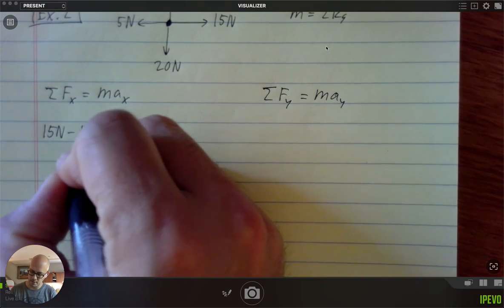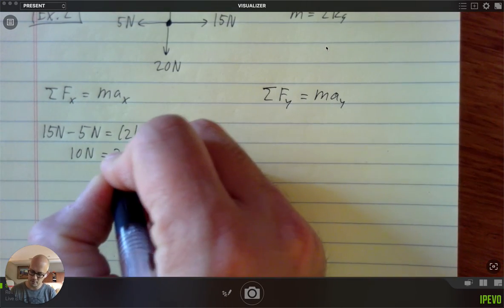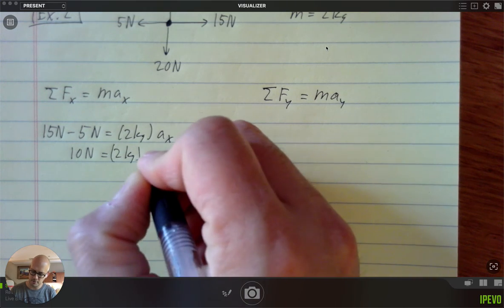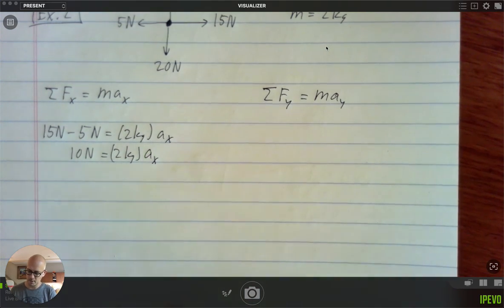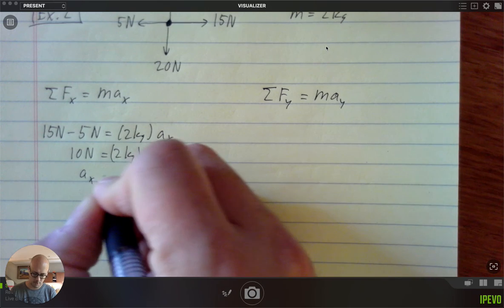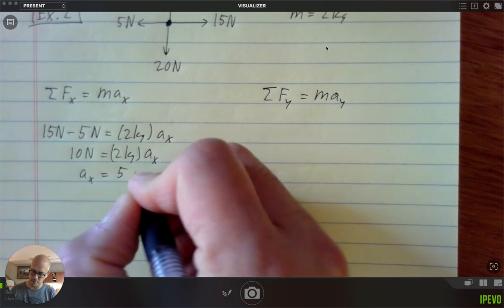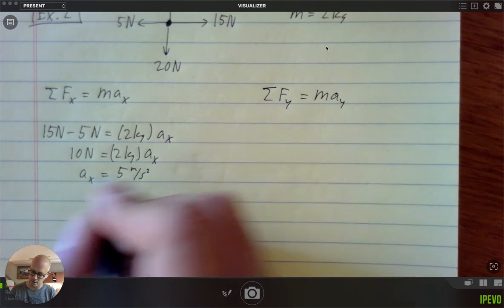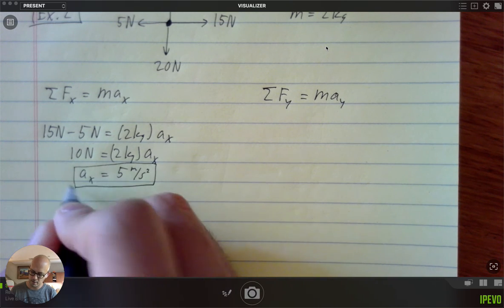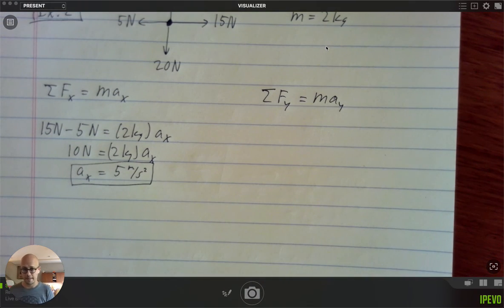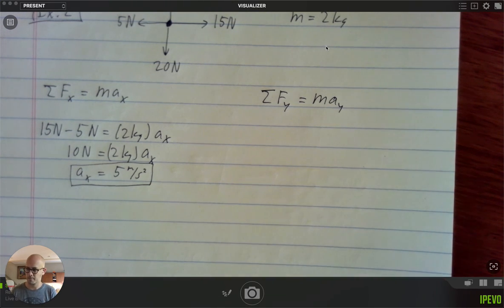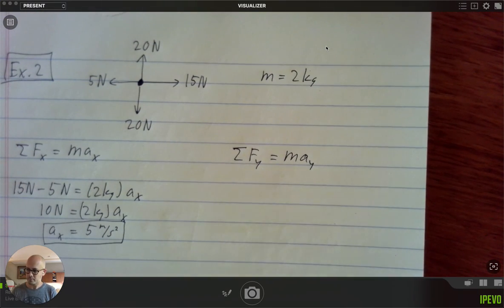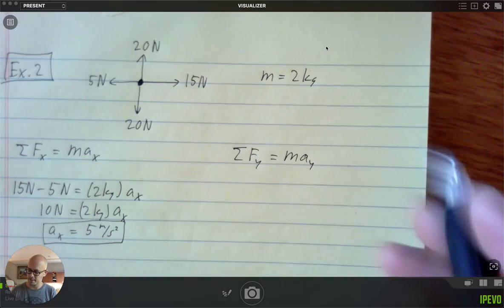I get 10 newtons is the net force equals 2 kilograms times that acceleration. And so 10 over 2, that horizontal acceleration is 5 meters per second squared. You can consider that to be half of my answer if the question were, what is the acceleration of this object?